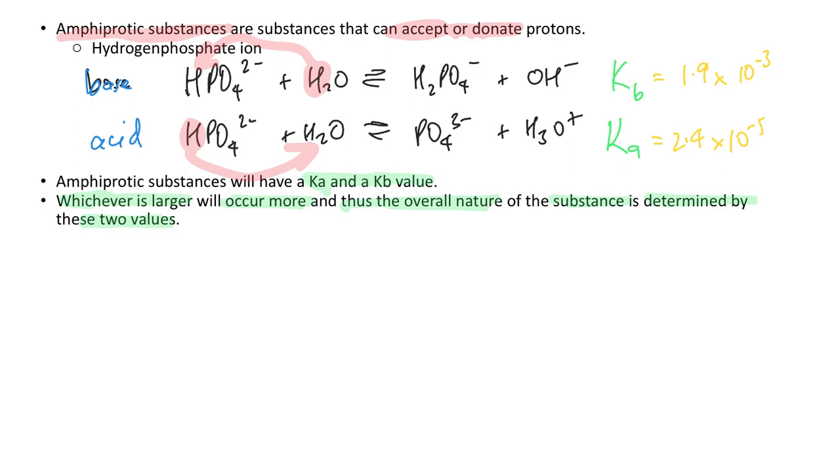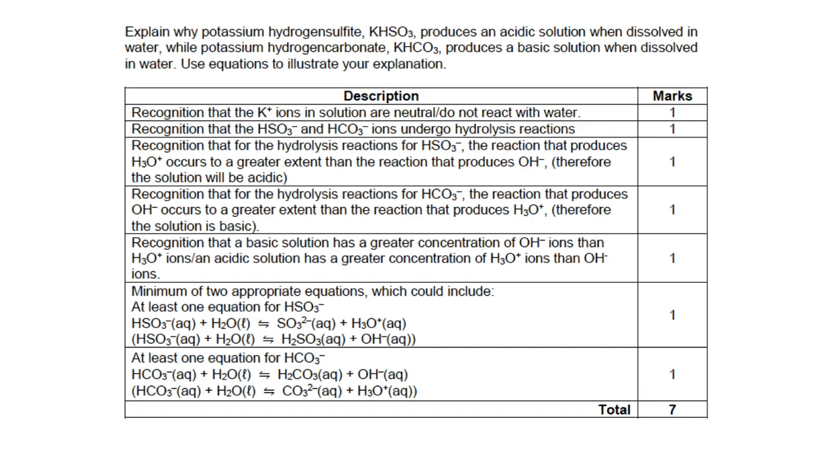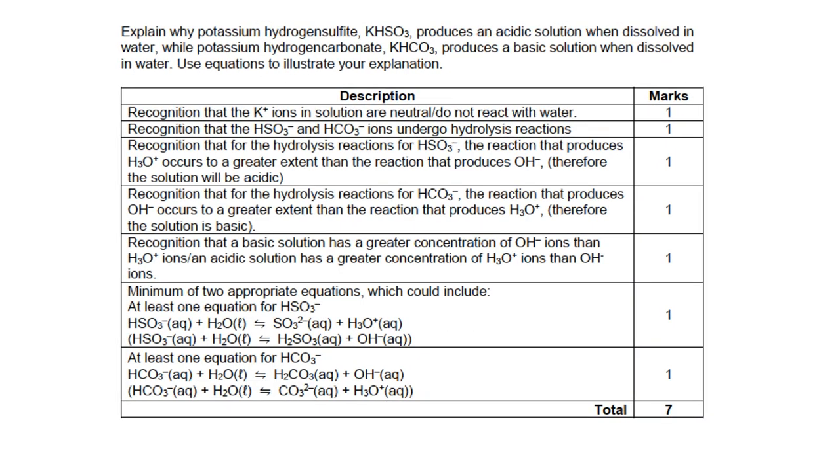This was explored in a WACE exam question where it asked students to explain why potassium hydrogen sulfite produces an acidic solution when dissolved in water, while potassium hydrogen carbonate produces a basic solution when dissolved in water. Okay, we'll deal with this first point in another lesson, why we have to talk about the potassium, but when you're comparing things, you should compare the similarities and differences, and that's a similarity, right?